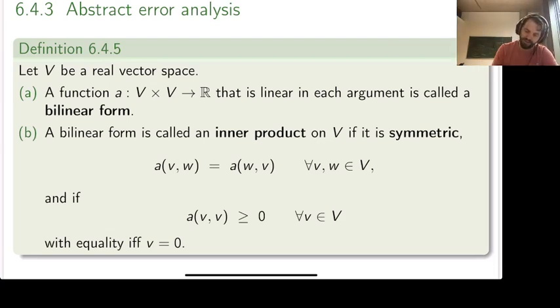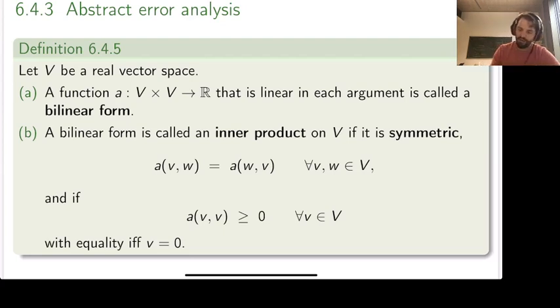And a function, namely the bilinear form A that I have defined above for the weak form, is now a mapping defined on V cross V into R. So we take two elements of our vector space and we do some bilinear combination of the two elements and get a value in R.